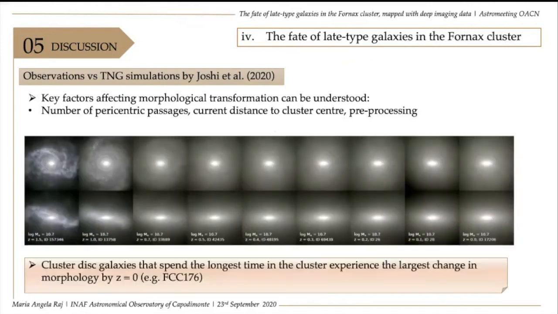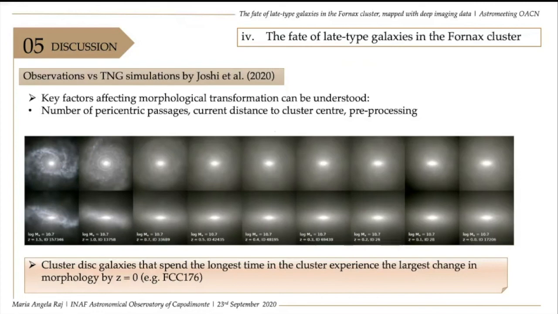So here we have cluster disk galaxies that spend the longest time in the cluster experiencing the largest change in morphology, like in the case of FCC 176. Pre-processing is important to look at here because galaxies in the cluster can have different accretion times. And this also gives us an idea about how many groups have assembled into the cluster core.